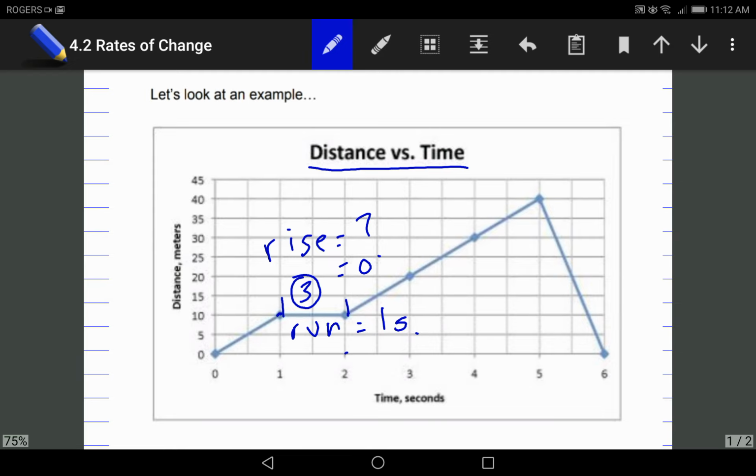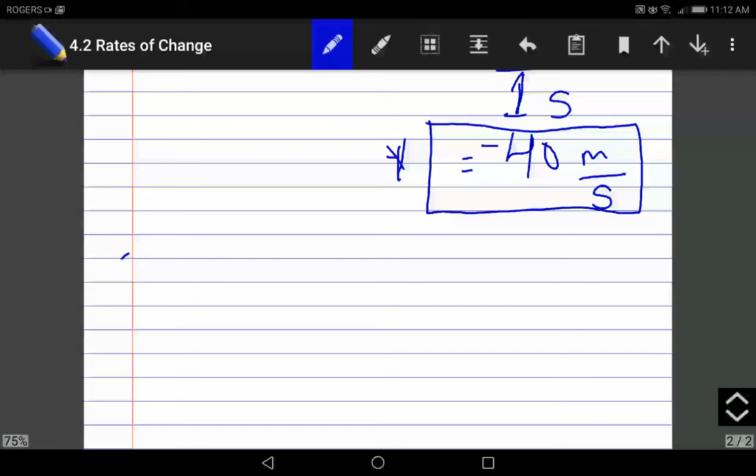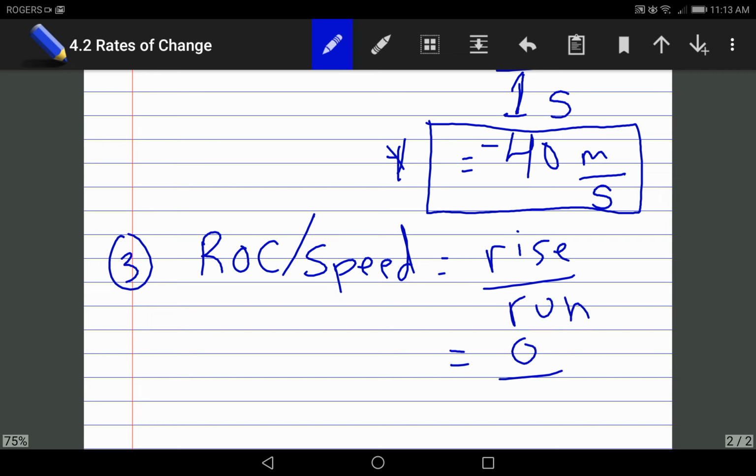So when we throw this into our formula of rise divided by run, I'm going to start referring, instead of writing out rate of change, to ROC. Okay, everybody? So ROC, instead of rate of change, is equal to rise over run. But remember, our rise was 0 and our run was 1.